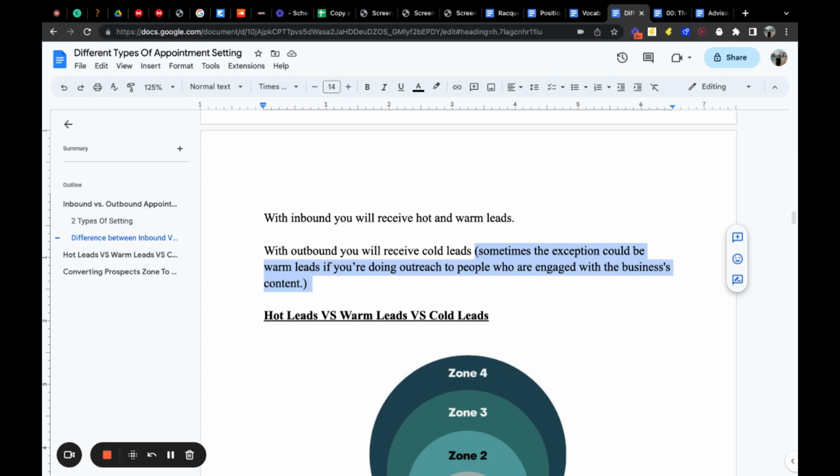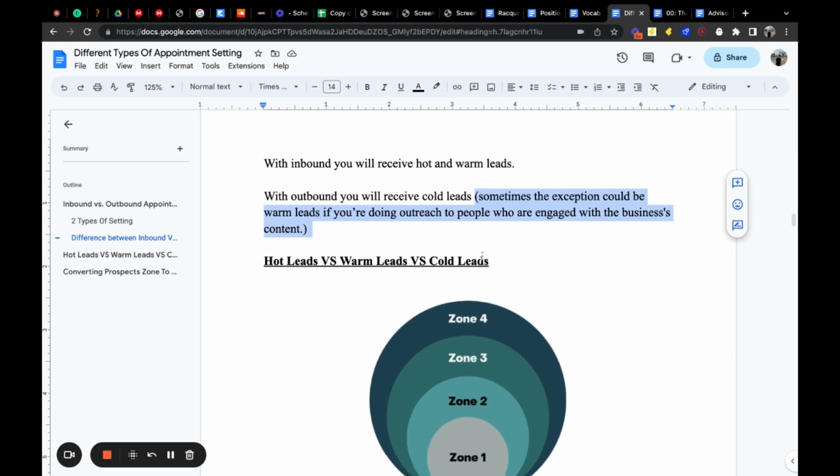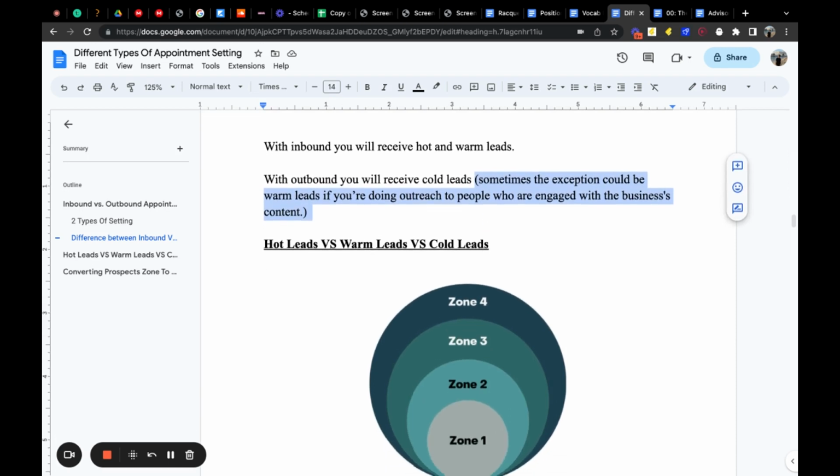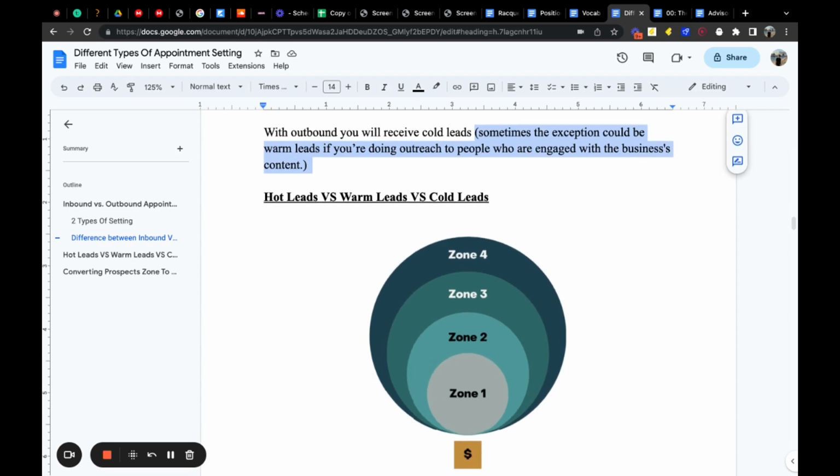You're messaging people who are commenting under the profile of the page that your employer posted a shout out on. So that could be the only exception for warm leads coming through outbound. But basically with outbound, 90% of the time is going to be cold leads, if not more. It's basically all cold leads.